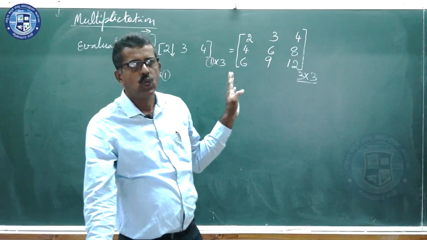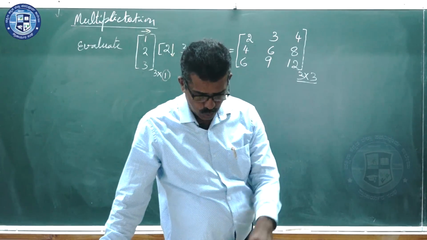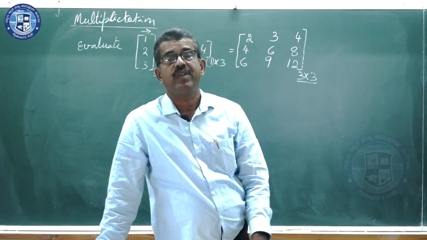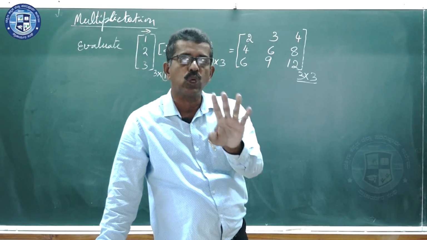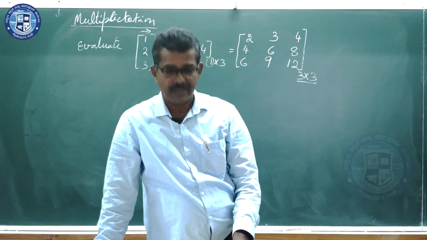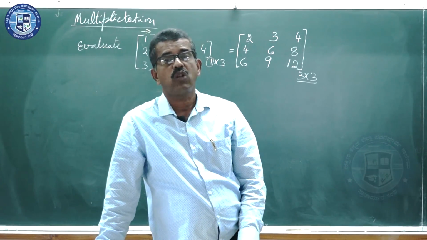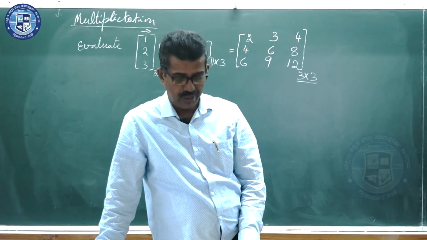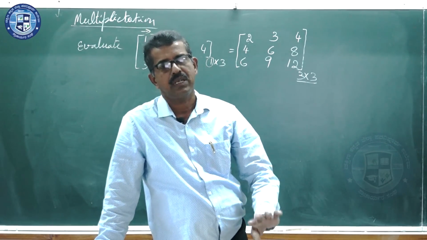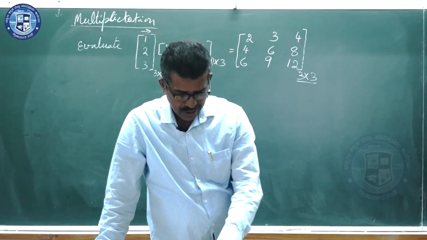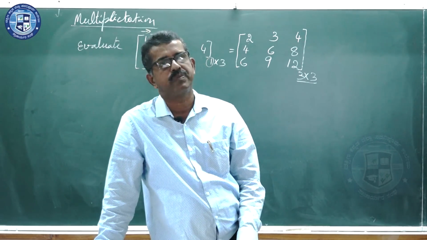As I told at the beginning, I will explain with many examples so that once you are thorough with how to multiply matrices, you can solve even slightly difficult questions at a faster rate. You can speed up while solving the problems.